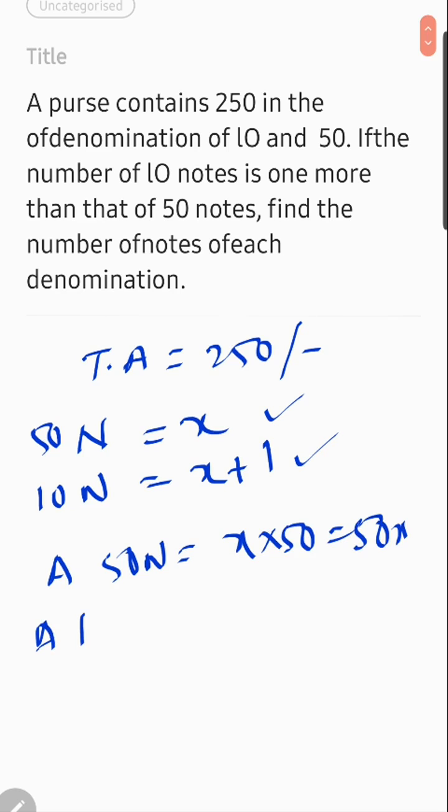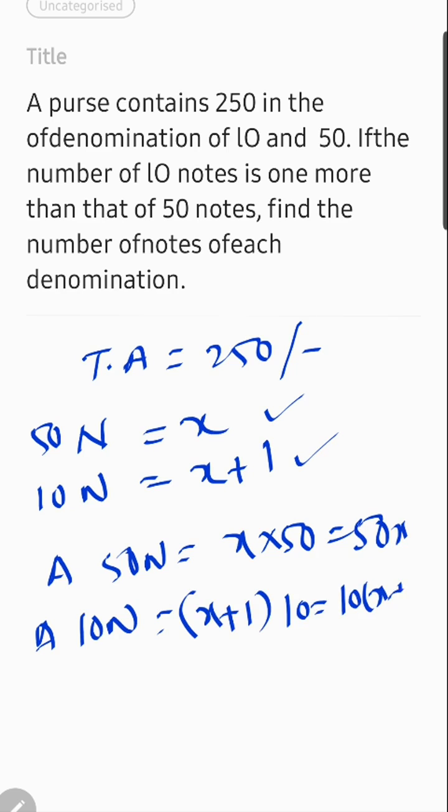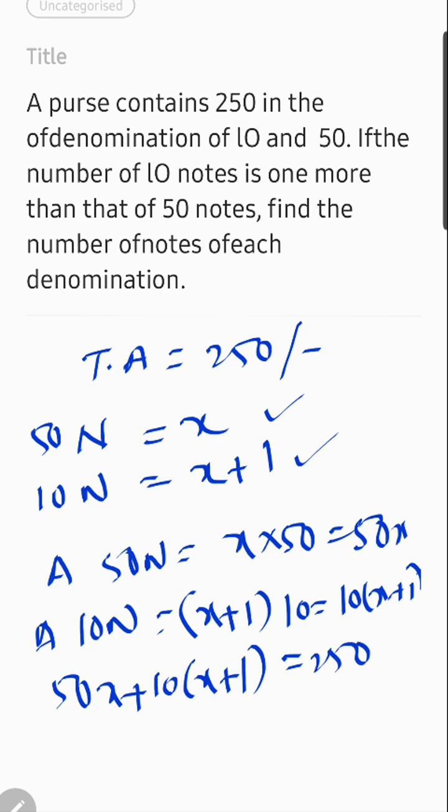Now the amount of 10 rupees notes is x plus 1 into 10 rupees, that is 10 into x plus 1. This is the amount of 10 rupees notes. If we add the amount of 50 rupees notes plus the amount of 10 rupees notes, we'll get 250 rupees. So I'll write 50x plus 10 into x plus 1 is equal to 250 rupees.